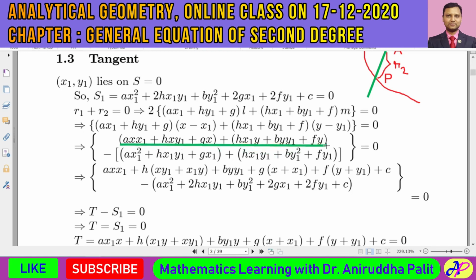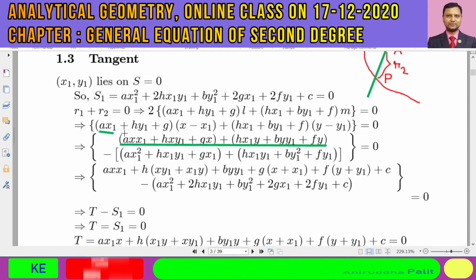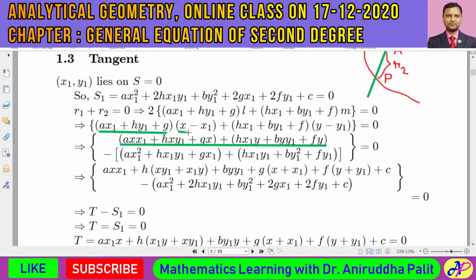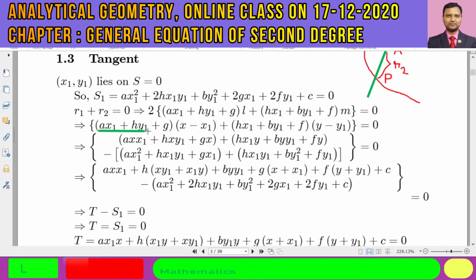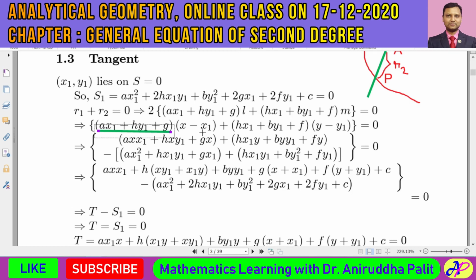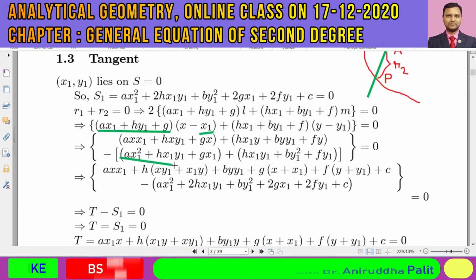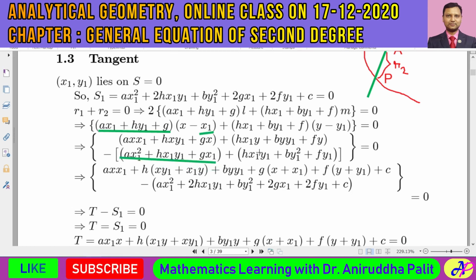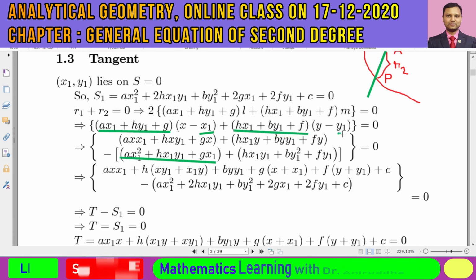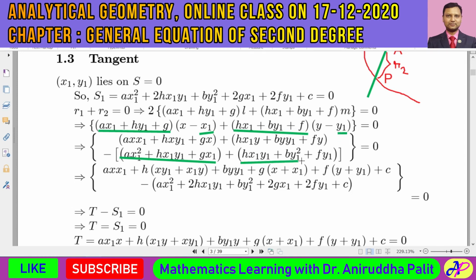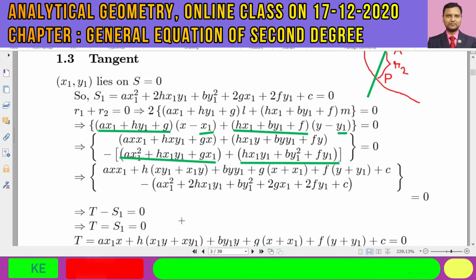This is the expansion of multiplication of this expression with x and multiplication of this expression with y. Similarly, when we multiply this expression with x1, we get this much expression. And similarly, over here, when we multiply this expression by y1, we get this kind of expression.